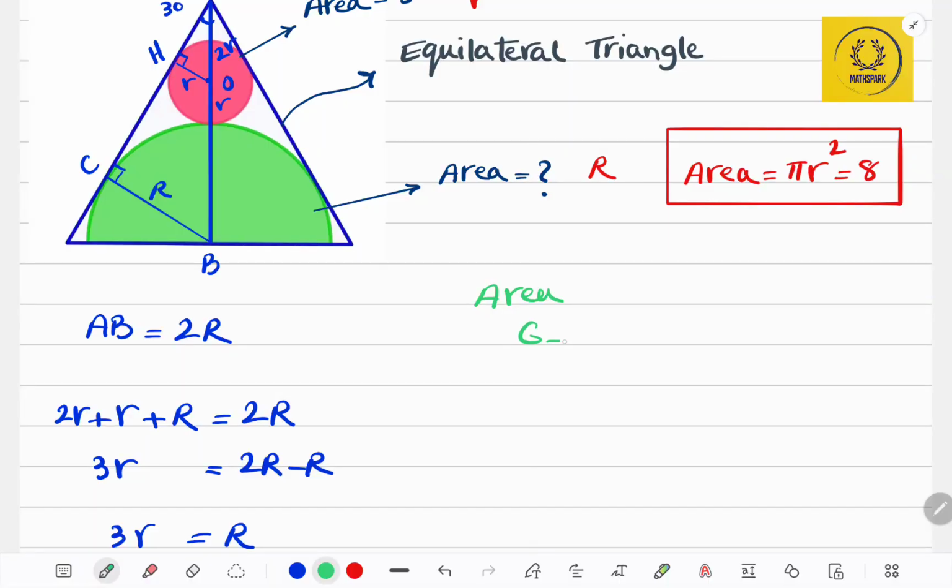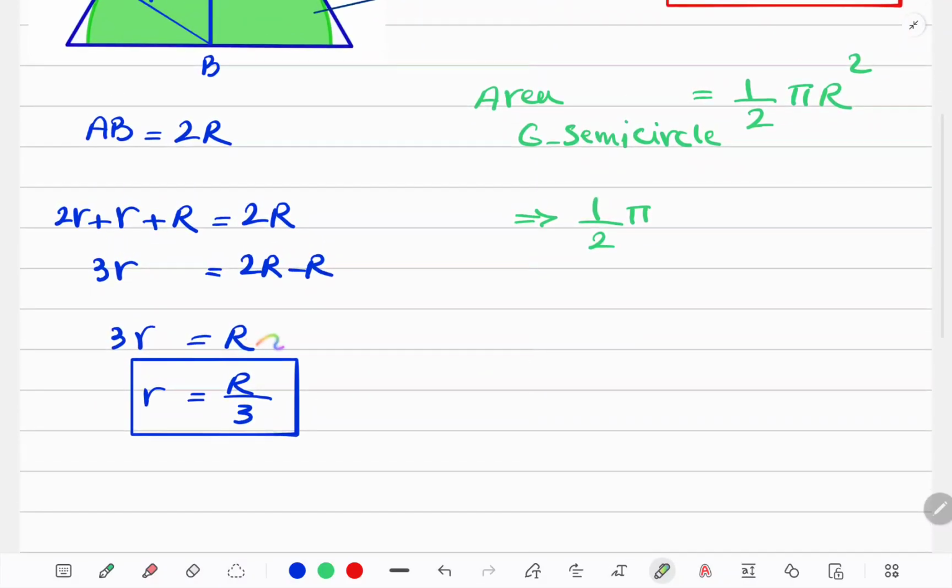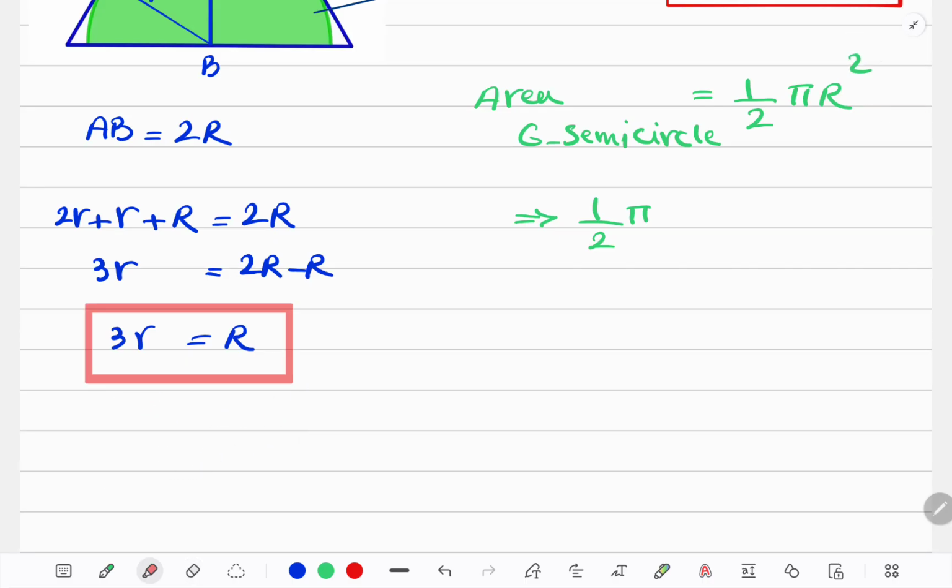Area of green semicircle is half of pi R squared. Okay, half of pi. So we have uppercase R here, and we know that R is 3r. So I'm going to substitute 3r instead of uppercase R. So 3r squared.